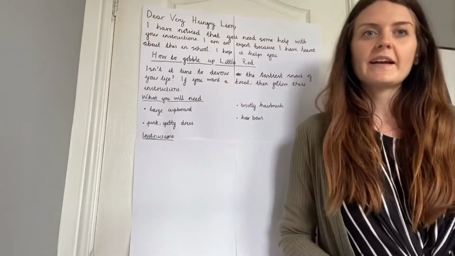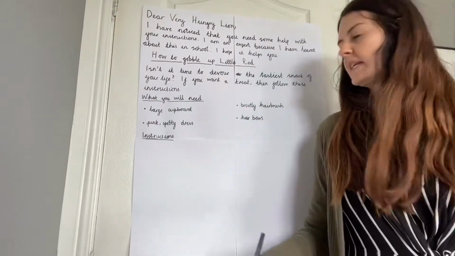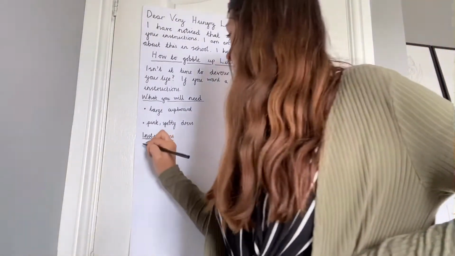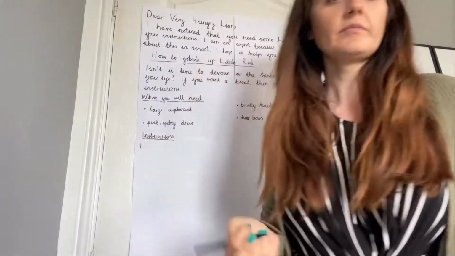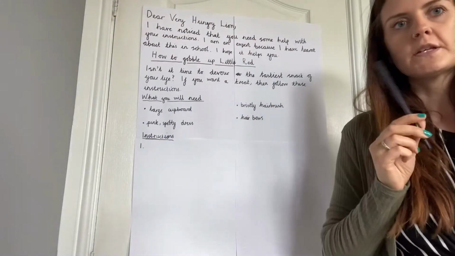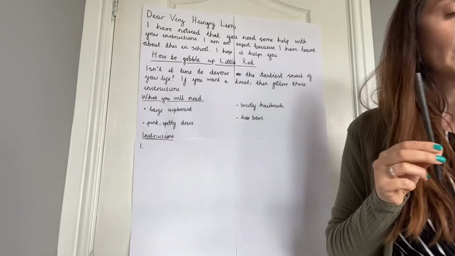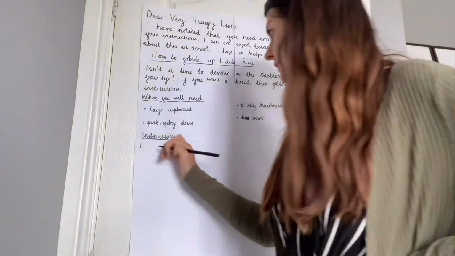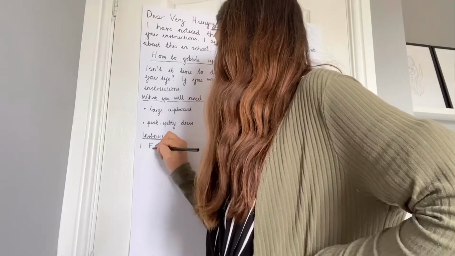Now we're ready to write our instructions. The first thing that we need to start with for each one is the number. So obviously we're going to start with number 1 first of all. So I need to first of all use a fronted adverbial. So that's the time word that tells us the order. So I'm going to use the word first because it shows us that we need to do it first.